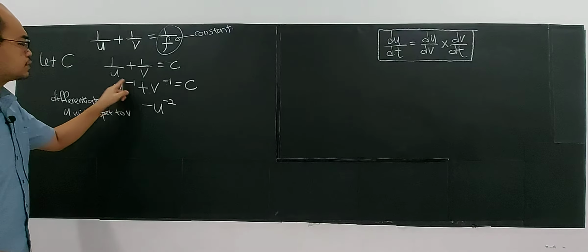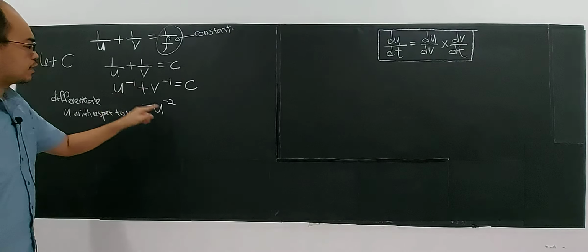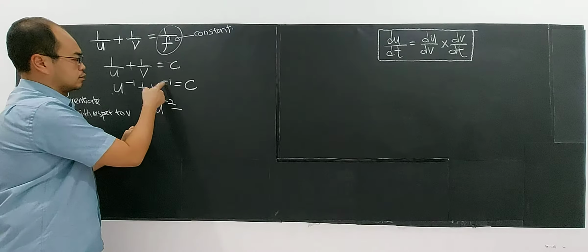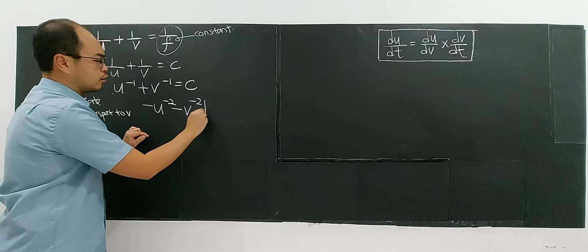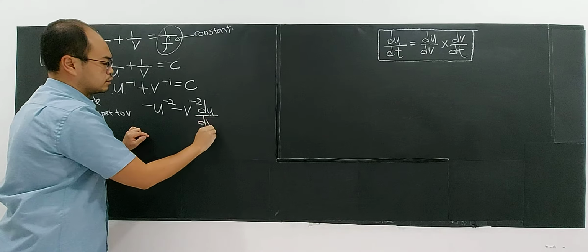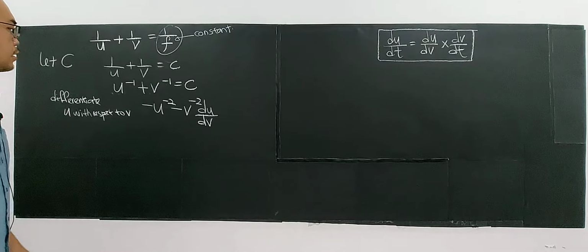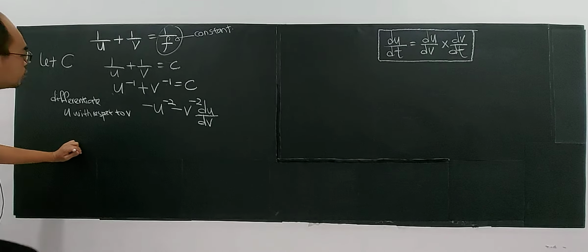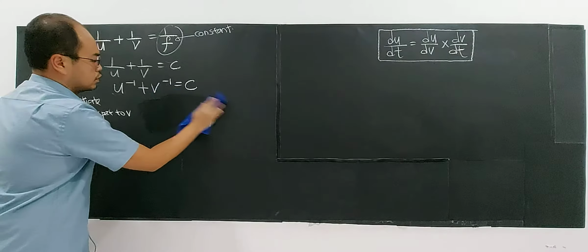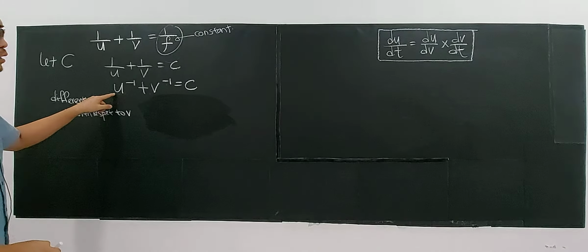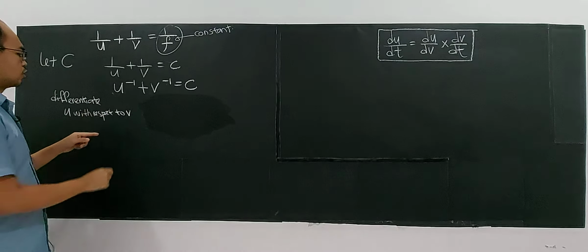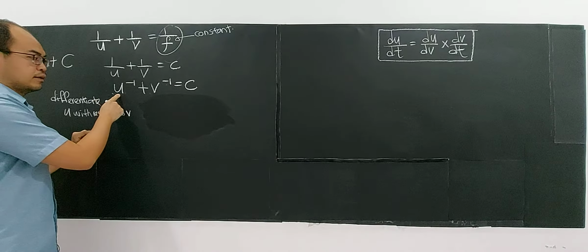Differentiating, with the basic rule, you have negative u to the power of -2, and for this you have negative v to the power of -2, but you have to add on du/dv. You're supposed to differentiate this with respect to v, so this is your y, and this is your x.